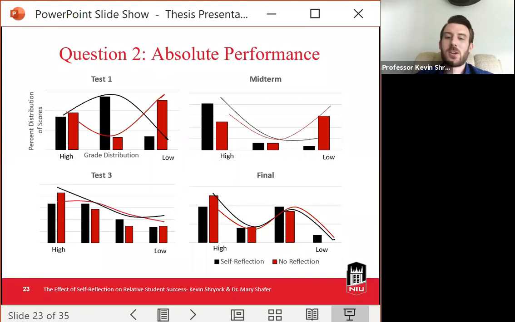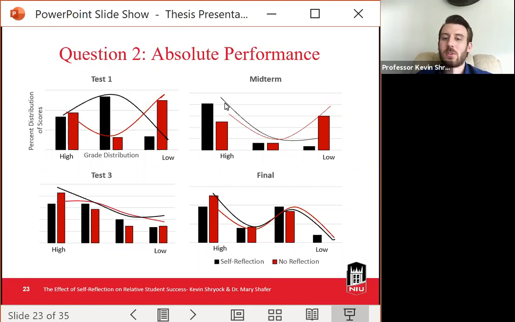But what I want to draw your attention to is the difference between the curves of those who chose in and those who chose out. See how the black and the red bars follow different curves in test one in the midterm. You can see that the red curve, for example, here kind of dips, and we have a lot of people performing at the high and a lot of people performing at the low, whereas the group of students who opted in follow kind of more of a central trend here.